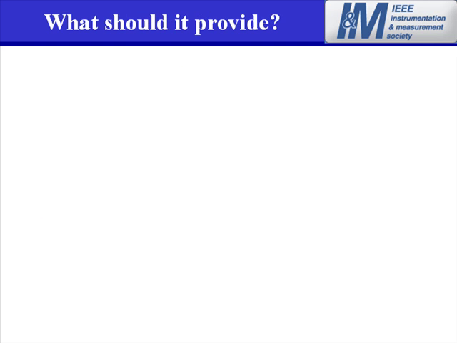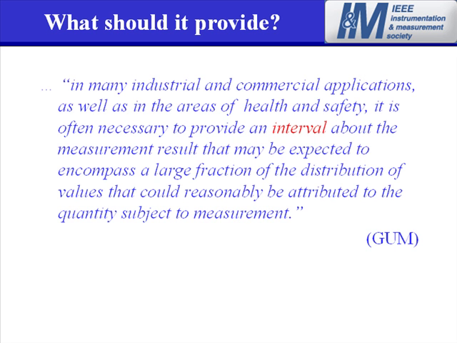Now, we have defined and commented on this new concept. We still have to understand what uncertainty should provide. The guide answers this question once again. Let's read it. In many industrial and commercial applications, as well as in the areas of health and safety, it is often necessary to provide an interval about the measurement result that may be expected to encompass a large fraction of the distribution of values that could reasonably be attributed to the quantity subject to measurement.